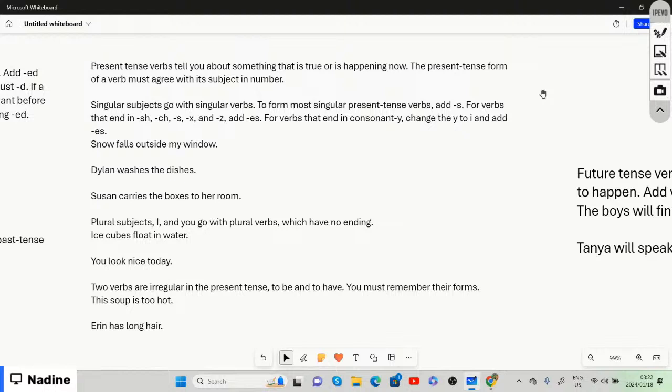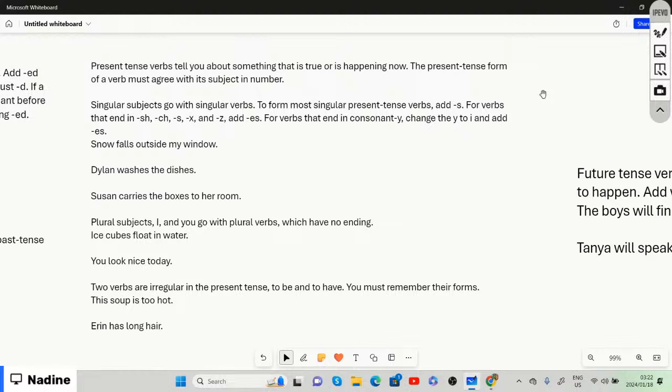A singular subject means that we are talking about one person, one animal, one thing, right? So singular subjects go with singular verbs, a singular action. And in order to form most singular present tense verbs, we basically just add an s. So to form most of the singular verbs, we add an s.